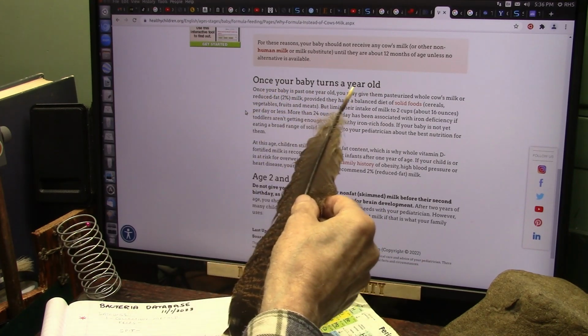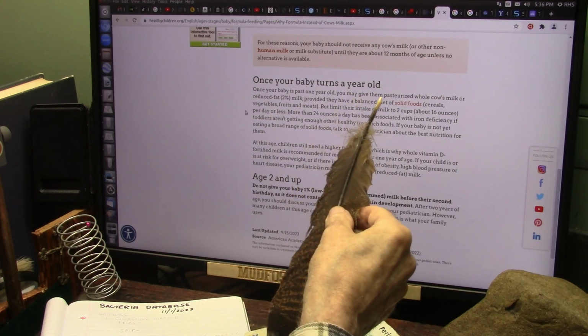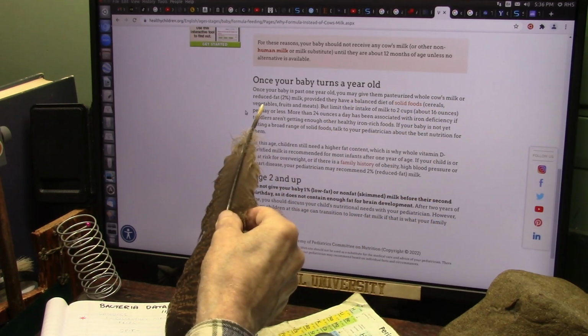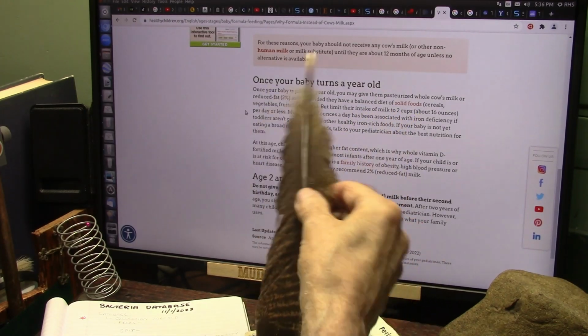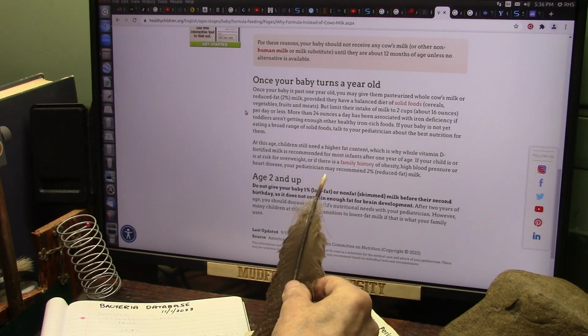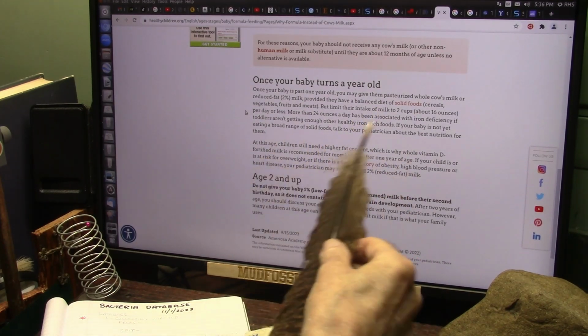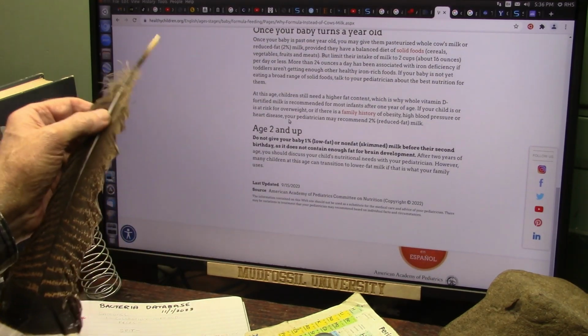Now, once your baby turns a year old, things change a little bit, and you may give them pasteurized whole cow's milk or reduced fat, providing they have a balanced diet of solid foods. Now, some of them aren't even eating solid foods at this point. And they say, talk to your pediatrician, that's the best thing. But they're starting to understand more about it.